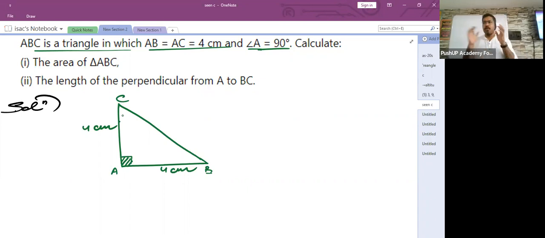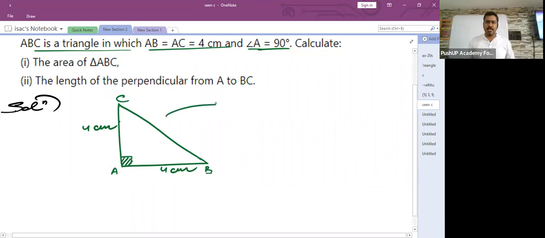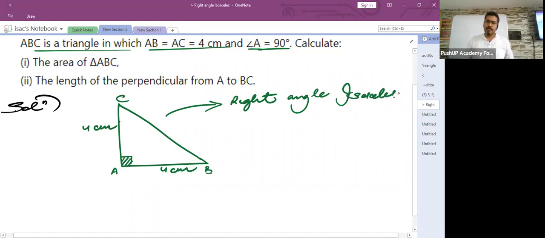So when both the conditions are satisfied in one single triangle, what name would you give it? A right angle isosceles triangle, isn't it? So kindly note it down, children. This triangle is a right angle isosceles triangle.